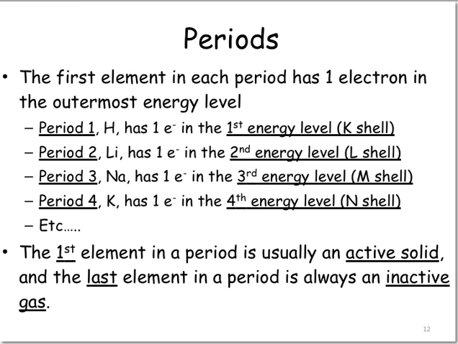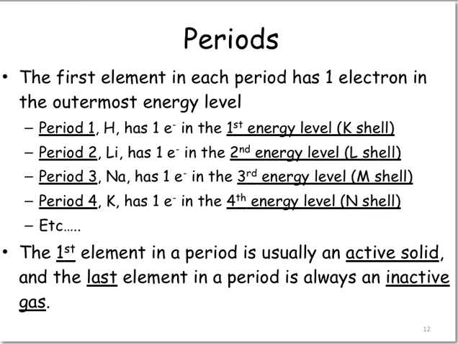The first element in each period has 1 electron in the outermost energy level. So when we look at that, they are all the same family, so that would make sense that the first element on the left would have 1 electron because its family has 1 valence electron. So if we think about that, period 1 we have hydrogen with 1 electron and it has a K shell or first energy level.